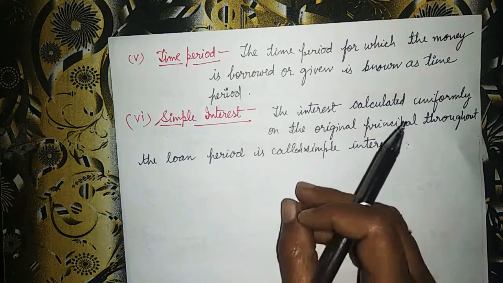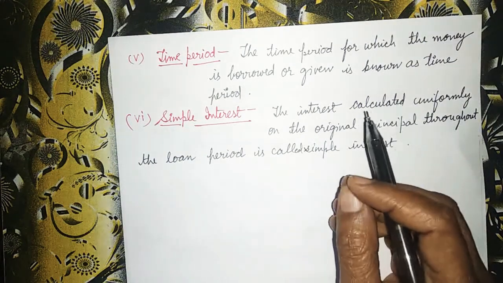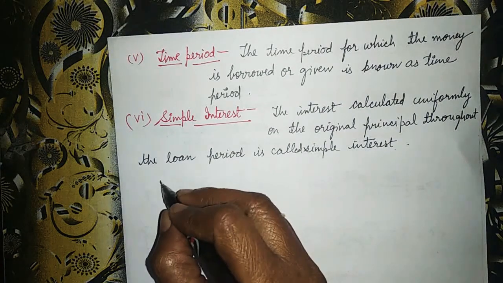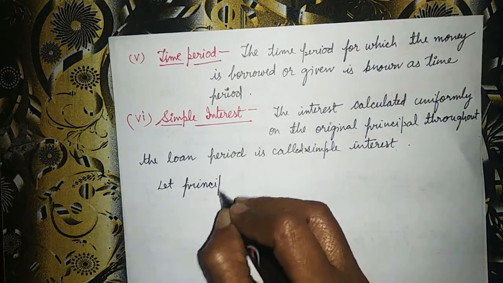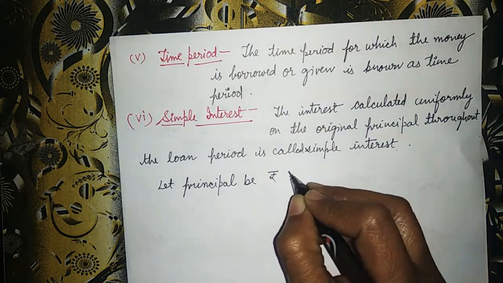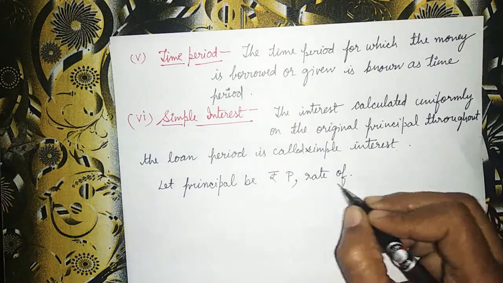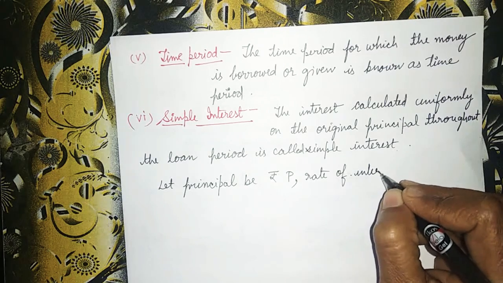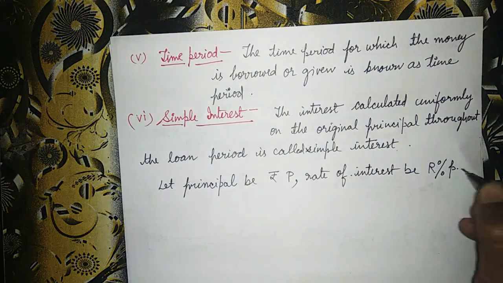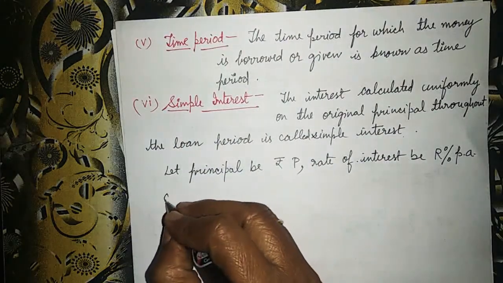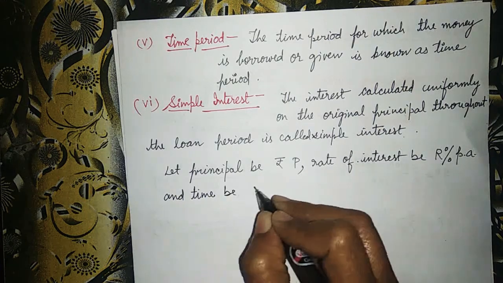Now students, I will explain you some formula which will help you to calculate principal, rate, time and simple interest. Okay, for this here we will assume, let principal be rupees P, okay, and rate of interest be R%, here this is per annum, okay, and time be T years.